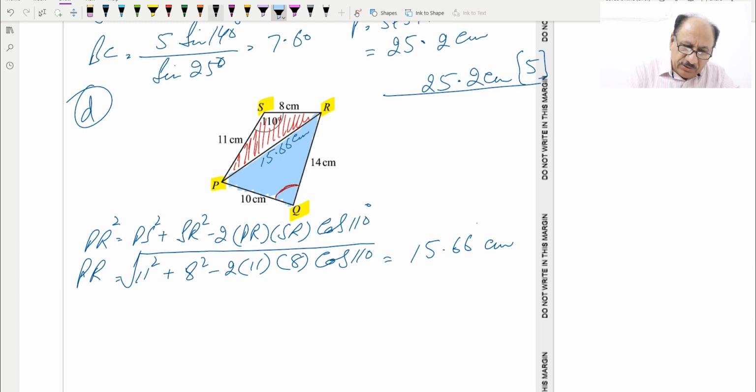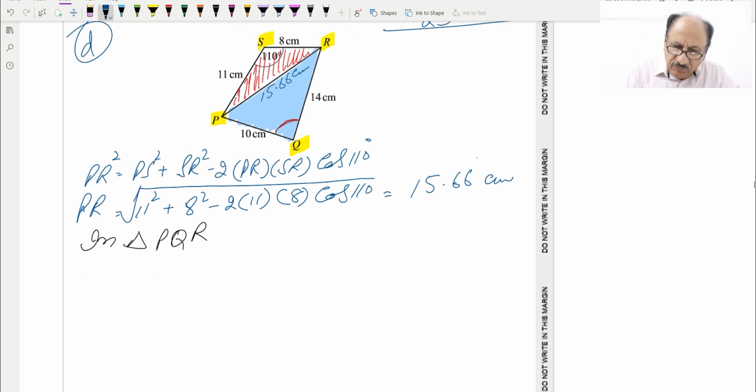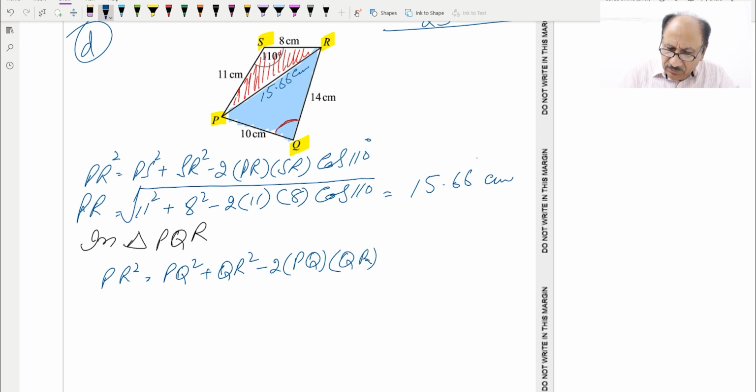So we will write in triangle PQR. So we'll be applying cosine rule, which is basically cos of PQR, or we can write basically PR square is equal to PQ square plus QR square minus 2 into PQ into QR, or you can directly write the angle formula also if you have memorized.